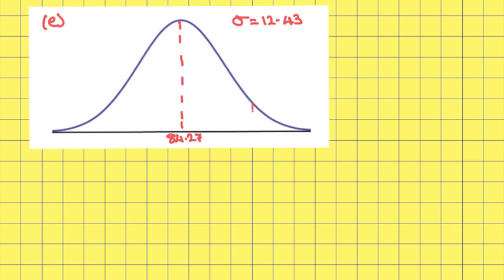And I want the value Y that gives me this area of 3.5%. The probability that Y is greater than P is 3.5%.